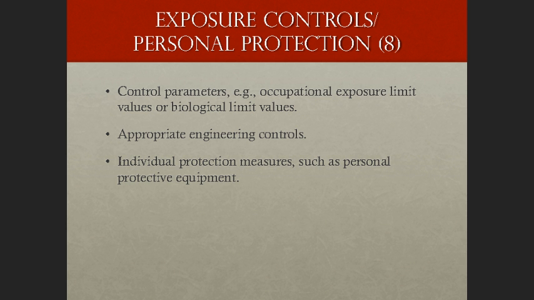Section 8 pertains to exposure controls and personal protection. Exposure controls and personal protection are going to identify appropriate engineering controls. Engineering controls, work practices or administrative control measures, and personal protective equipment are all three the primary OSHA control measures that we're supposed to implement in the workplace.